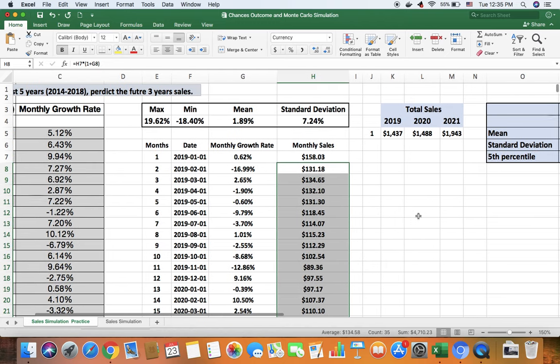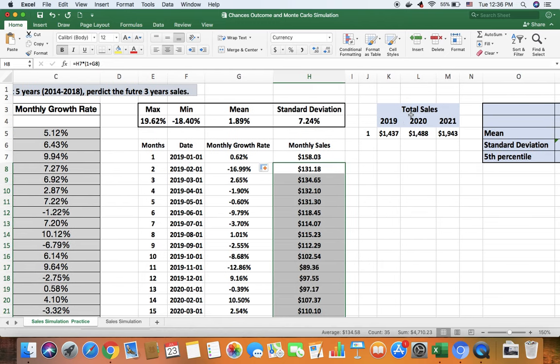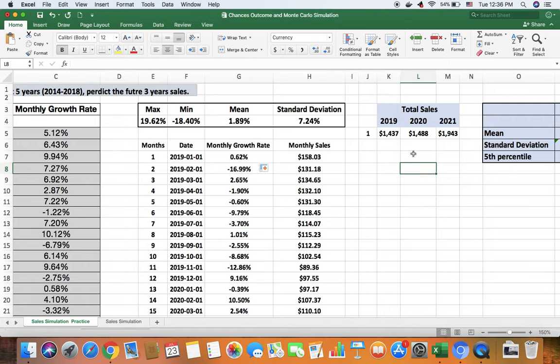After having this value, we calculate the total sales of the future 3 years respectively. For 2019, we got this value. 2020, this value. 2021, this value. But this is only one scenario.